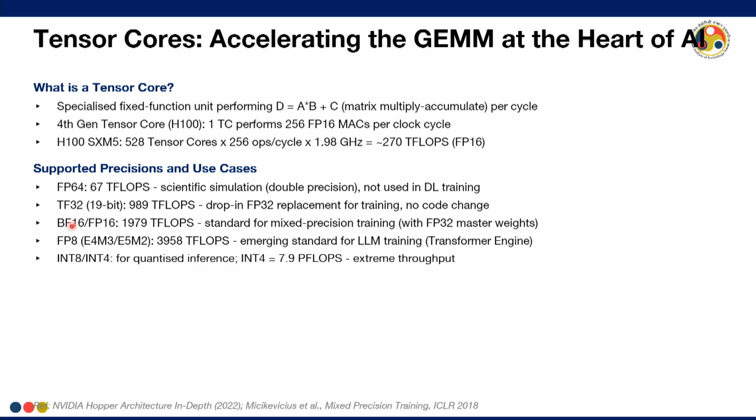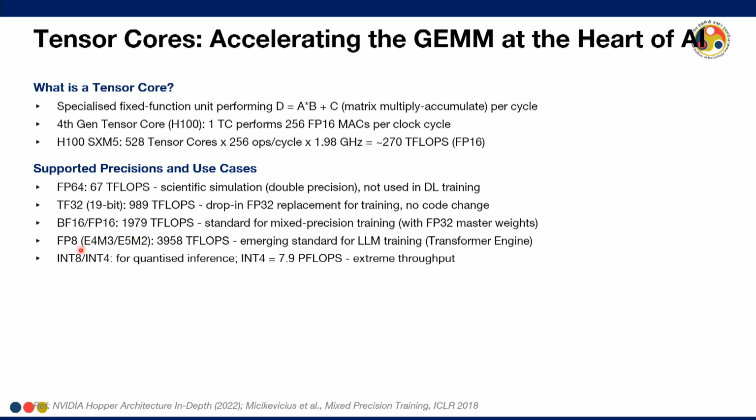Then you have further precisions like BF16, which is Brain Floating Point 16, introduced by the Google Brain initiative, and then you have floating point 16 also, where you get the peak performance of 1979 teraflops. This is standard for mixed precision training. If you are using mixed precision training with FP32 master weights, this peak performance you will get.